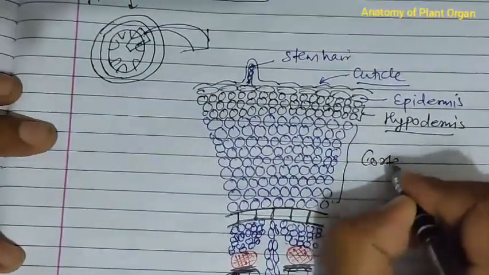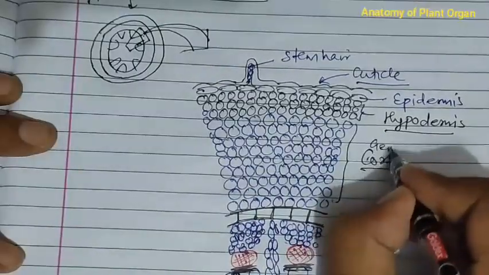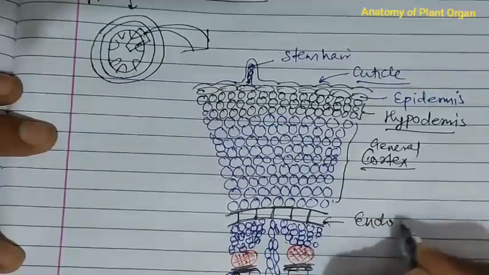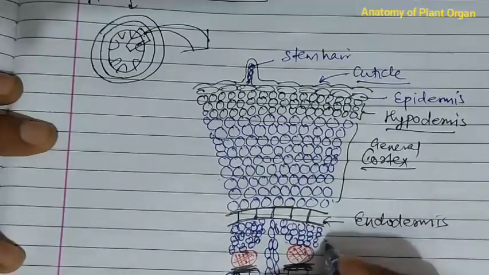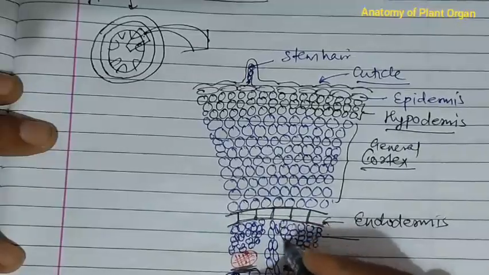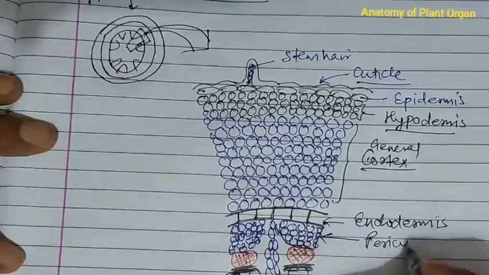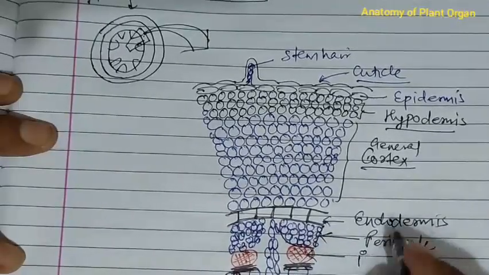Then there is a cortex, the general cortex. Then you will find the endodermis. Then this particular part represents the pericycle.